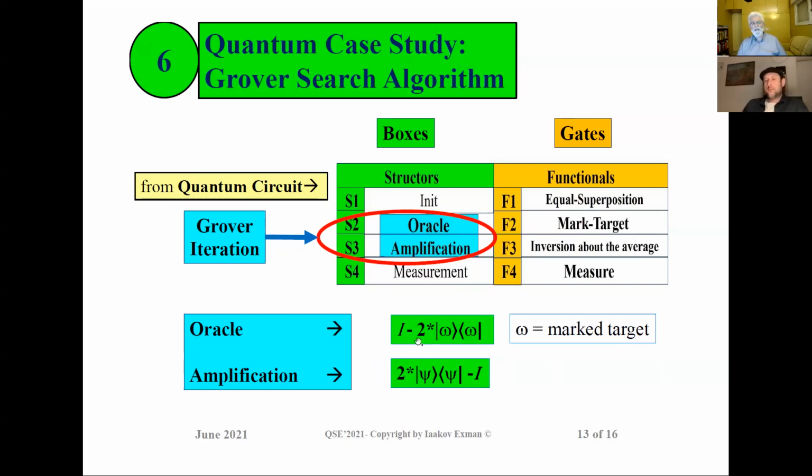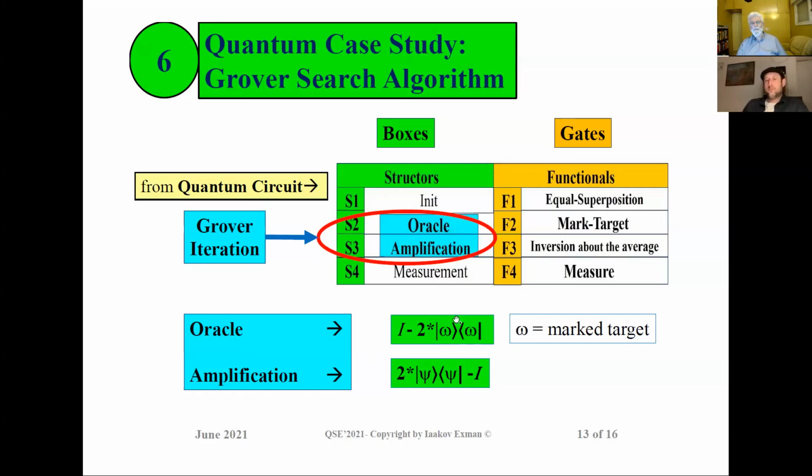The oracle expression is I minus 2 times the projector, the ket-bra omega, the marked target, where I is the identity operator. And the amplification is 2 times the ket-bra psi, psi being all the elements being searched, minus I. One can see 2 things.